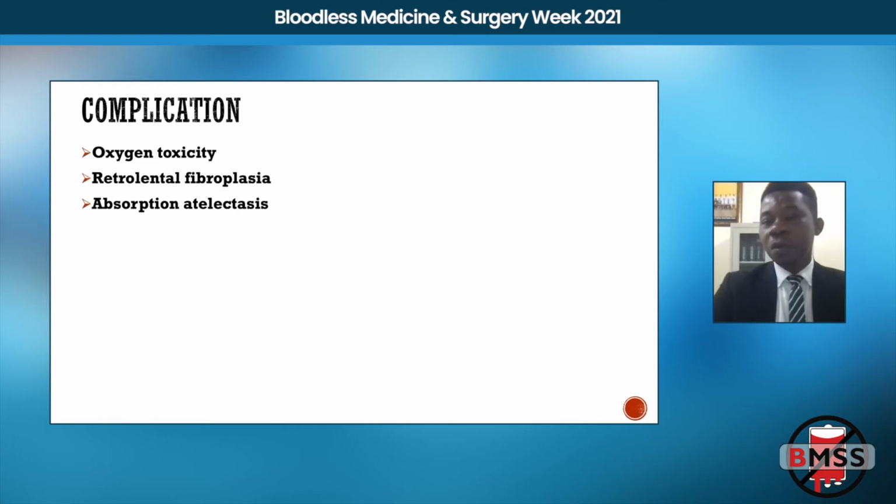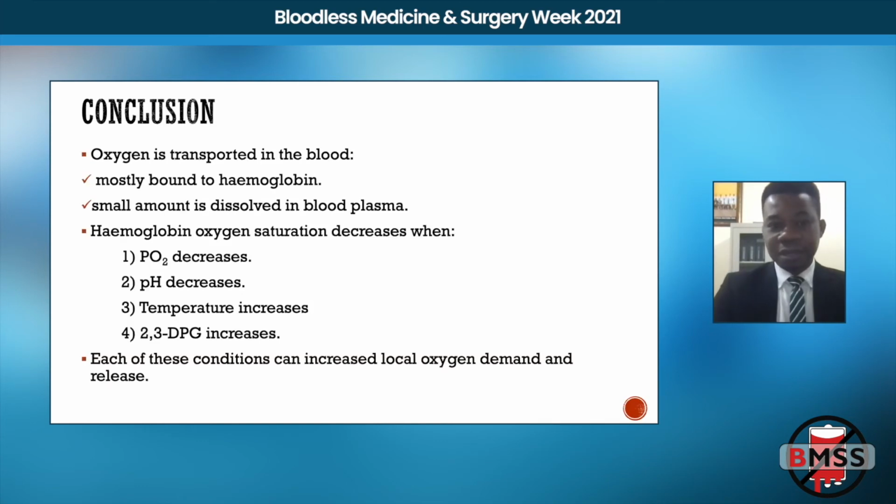And that is why we try as much as possible not to put patients on 100% oxygen. Once the patient stabilizes, we try to taper down, targeting about 30% or 21%, which the patient naturally should be on once the problem has been sorted out.